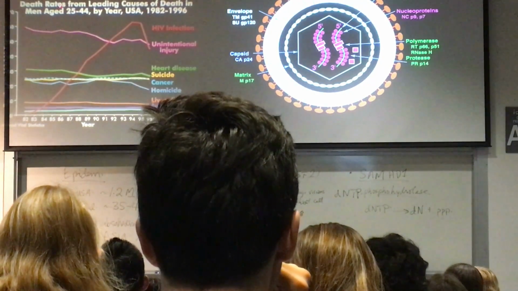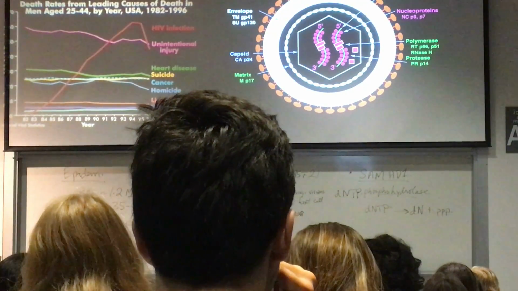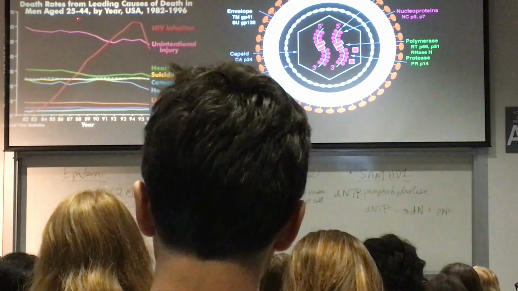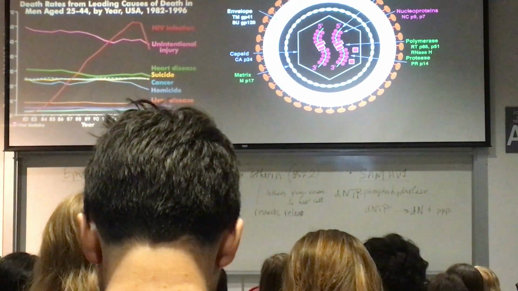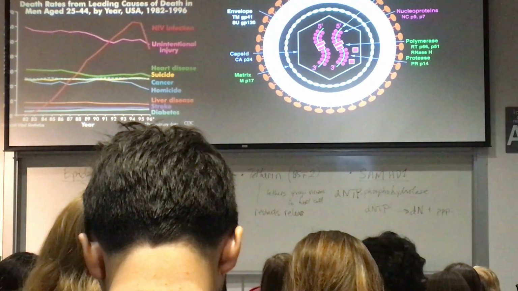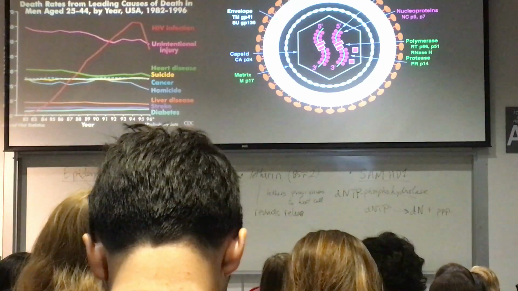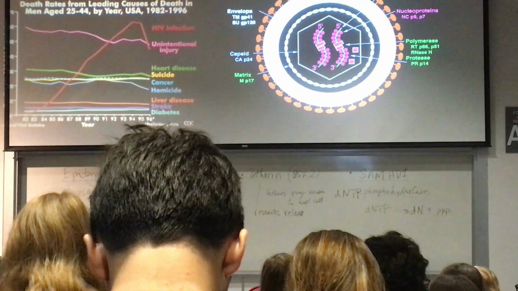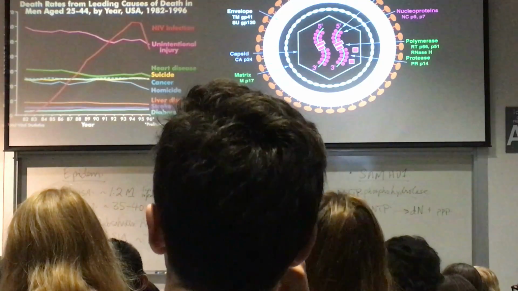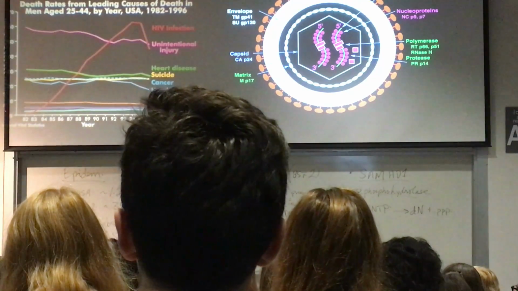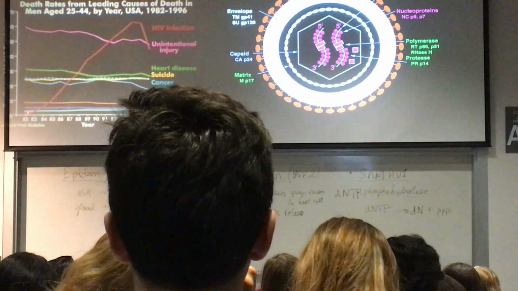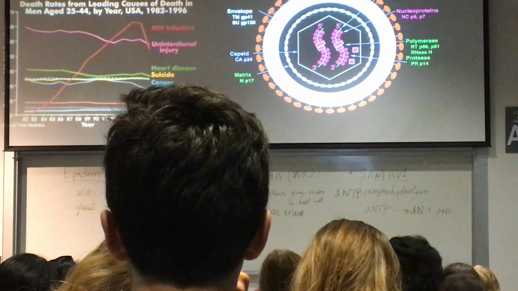What this shows are the death rates in males aged 25 to 44, from the early 80s to the mid to late 90s. I took this period because it reflects the period from when the virus was discovered in the early 80s, of the disease that we would recognize by the physicians, and the virus started shortly after.